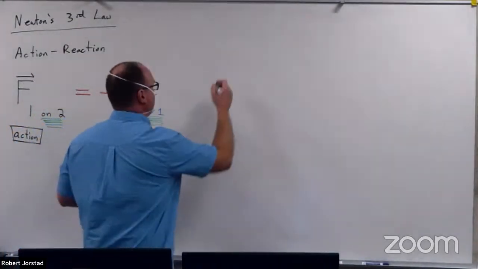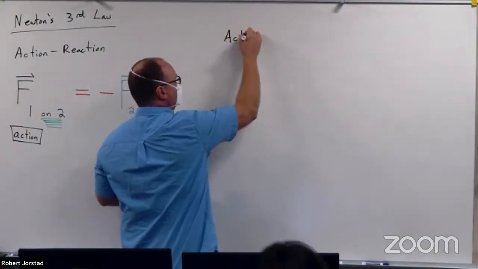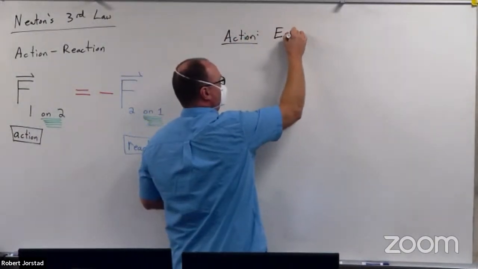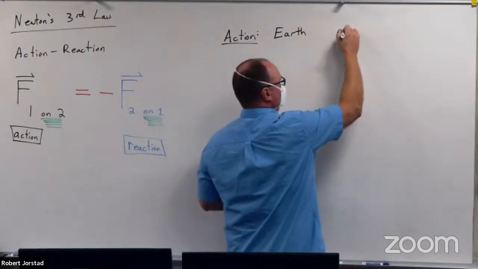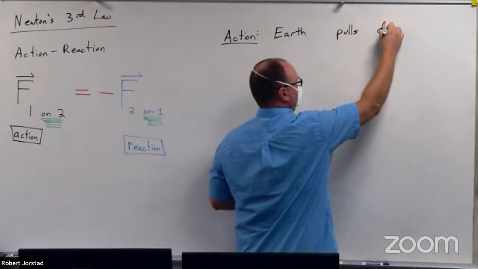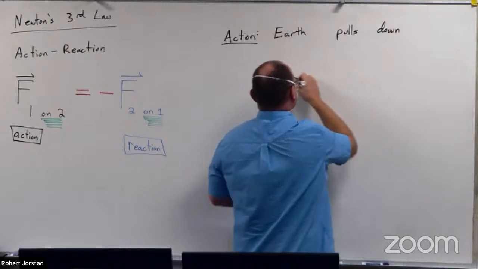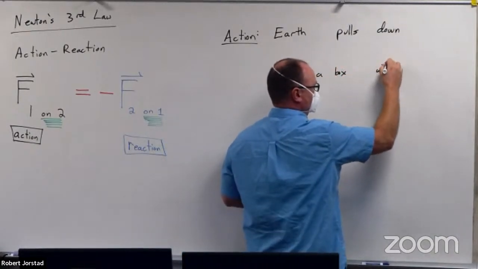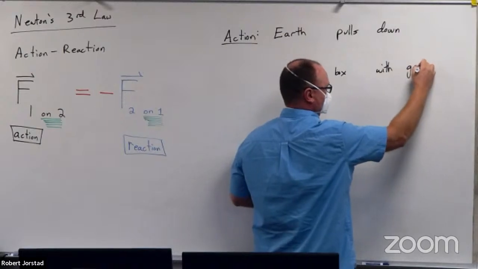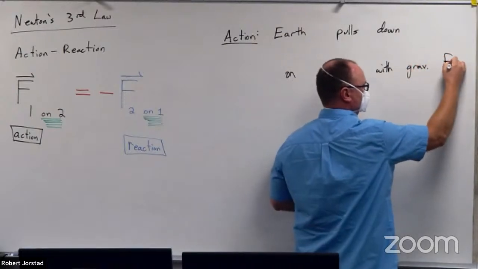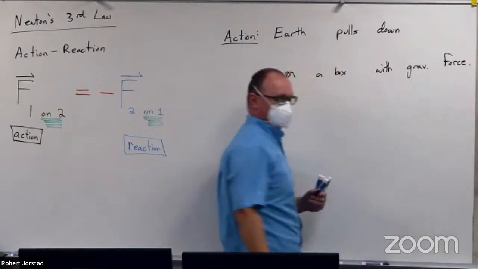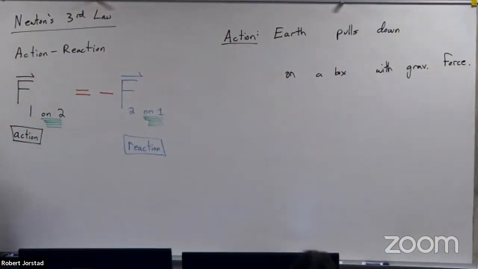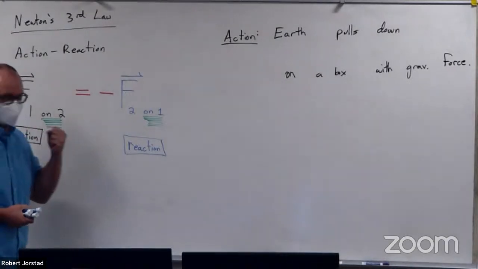I think a sentence can help. Let's say we have an action. And let's say the action is the earth pulls down on a box with gravitational force. Okay? And for me, when I write the sentence for the action, it helps me understand what the force is.